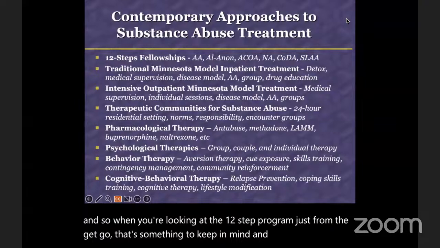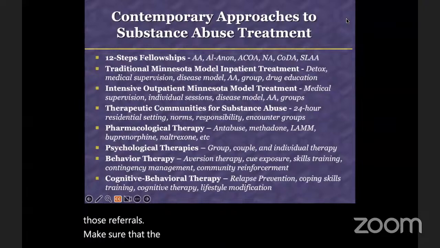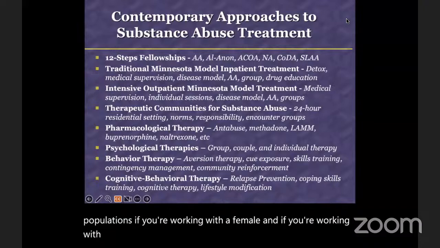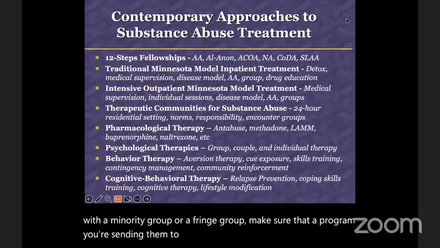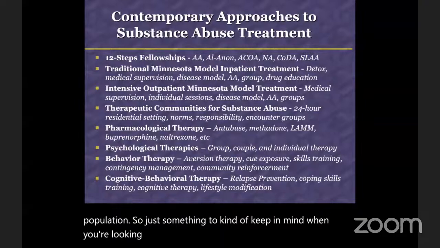And when you're making those referrals, make sure that the 12-step program has been adjusted for female populations if you're working with a female, and if you're working with a minority group or a fringe group, make sure that the AA program you're sending them to has been normed again based on that population. So just something to keep in mind when you're looking at the 12-step program.